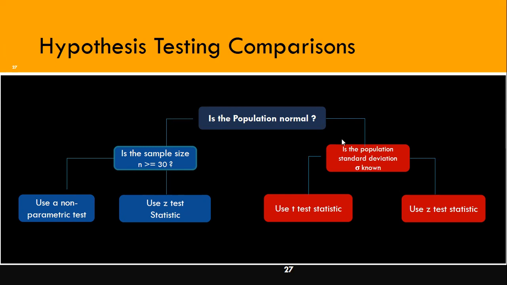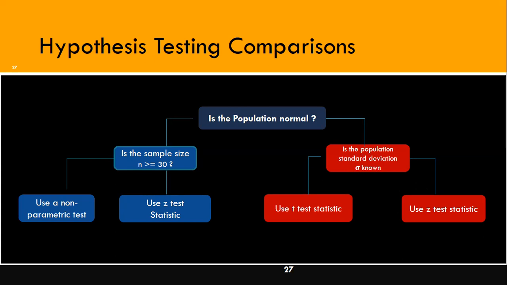The next thing is, what test needs to be conducted when? If the population data is normal and the population standard deviation is known, then you conduct the Z-test statistic, in both the case of single sample or two independent samples. If you don't know the population standard deviation, you will have to conduct the t-test statistic. There is a formula for these two things. It's very simple.